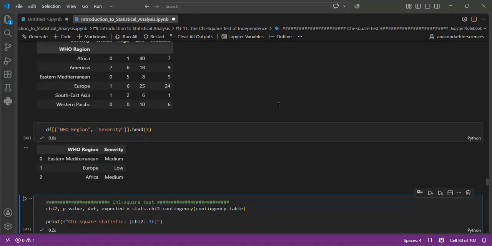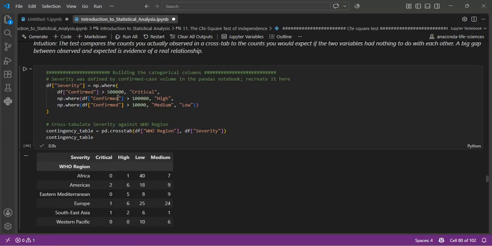And once we've been able to perform that segregation, we make a crosstab. The crosstab is just a tabulation of the severity against the WHO region. And this is how it looks. See that we have the WHO region in the rows section, and the severity in the column section.